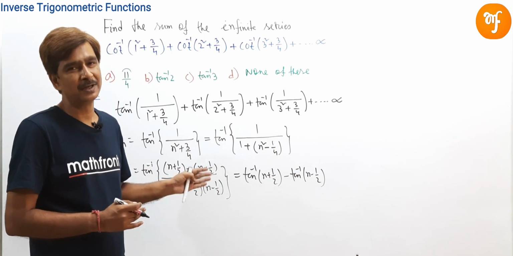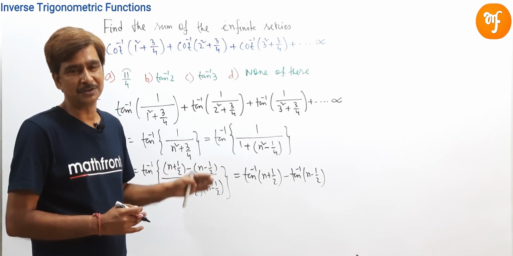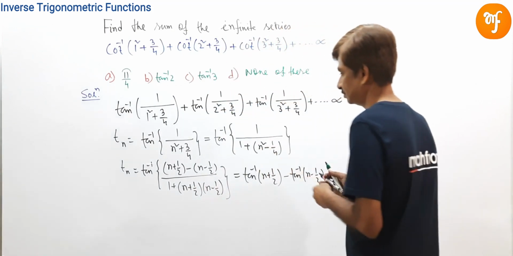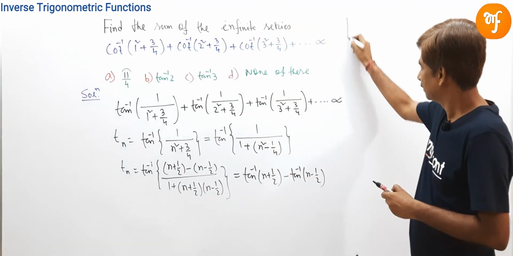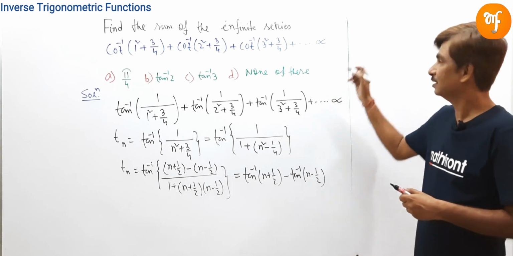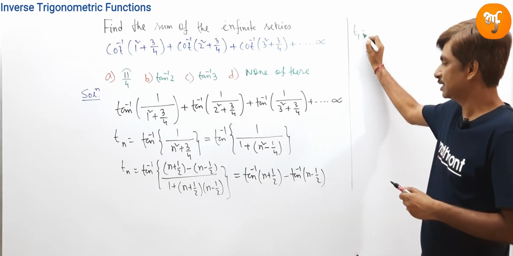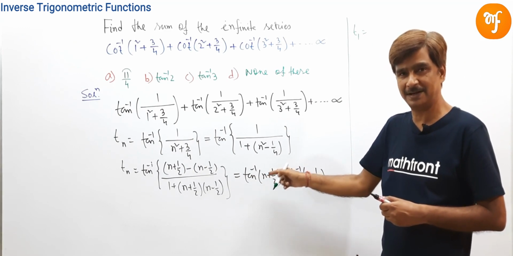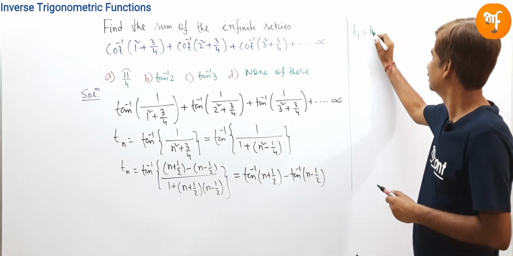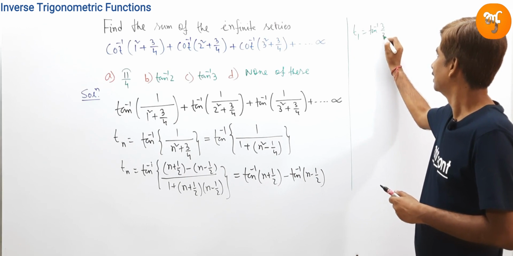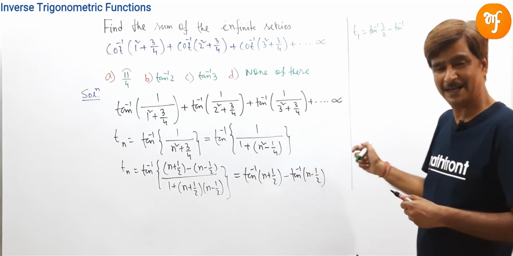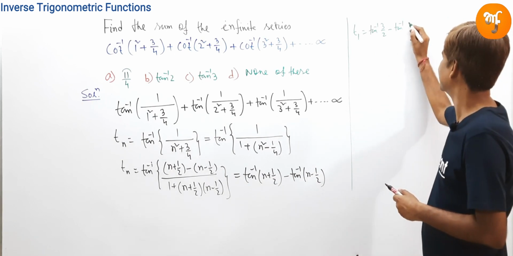Okay, so we express Tn in the form of tan inverse of x minus tan inverse of y. Now we have to put n equal to 1, 2, 3, 4 consecutively. Look, T1 is what? Obviously it is tan inverse of 1 plus half, that is tan inverse of 3 by 2, minus tan inverse of, this is 1 minus half, that will be half, so tan inverse of half.